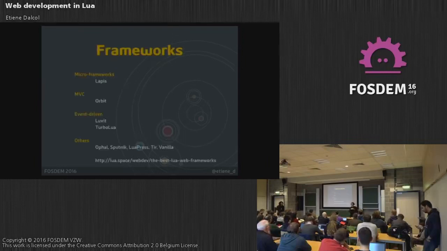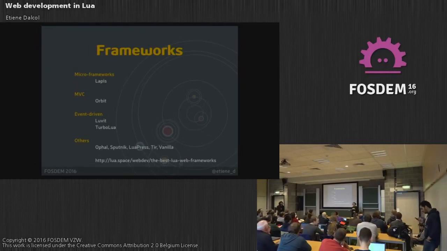We also have frameworks of various kinds. Micro frameworks, MVC, event-driven. I'd like to call attention to Lapis, which I would say is the Flask of Lua. It's a really nice framework. The documentation is amazing.